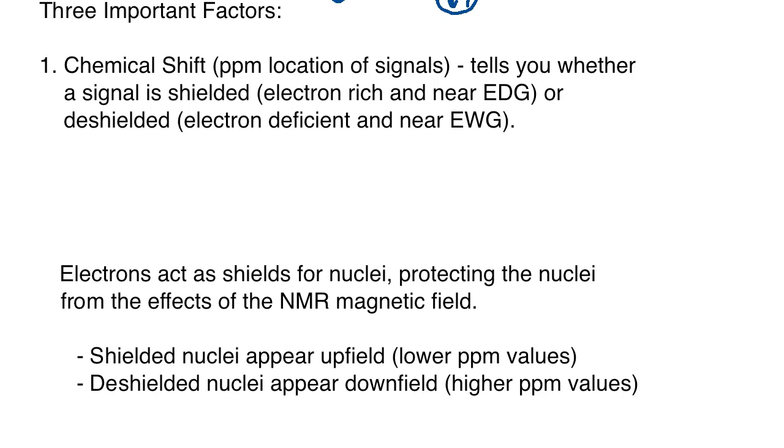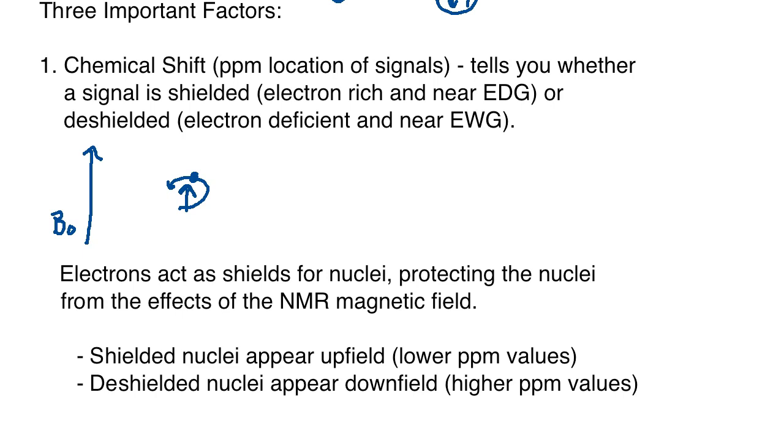So the way that this works, going back to the example we were showing above, you have B naught, which is your NMR magnetic field, and then you have your nuclei that fall into this field. So anytime there's a nuclei that is in the realm of the magnetic field, it will have electrons that are orbiting around it, right?